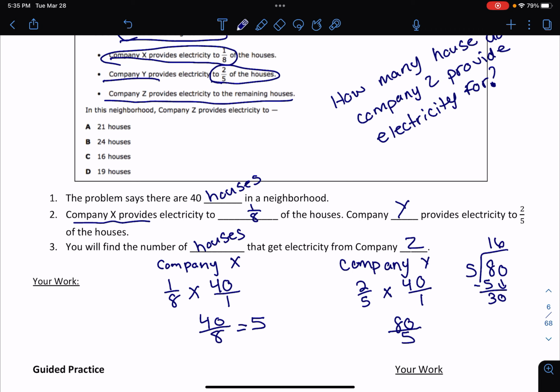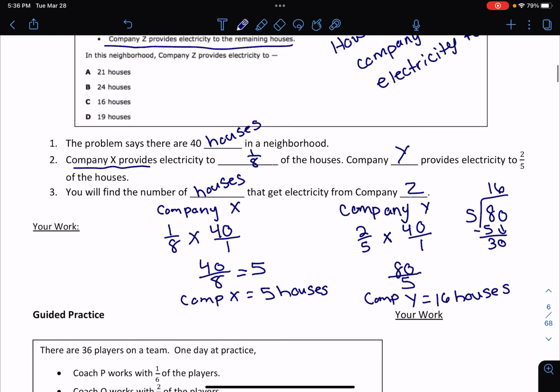So that means that company Y provides electricity to 16 houses, while company X provides electricity to 5 houses.